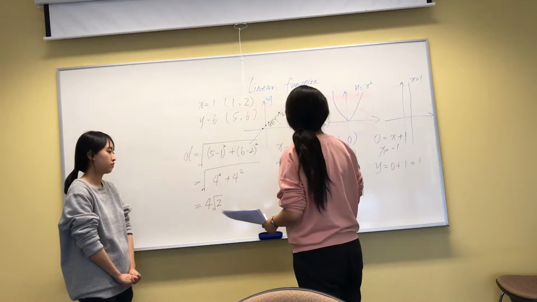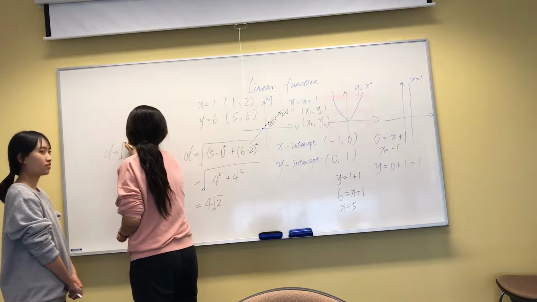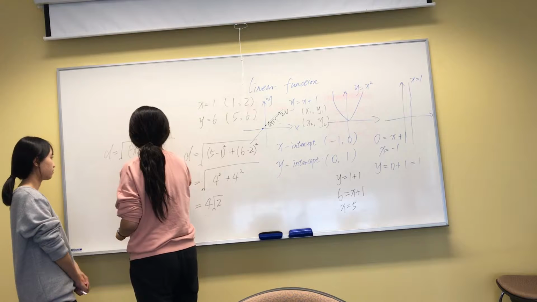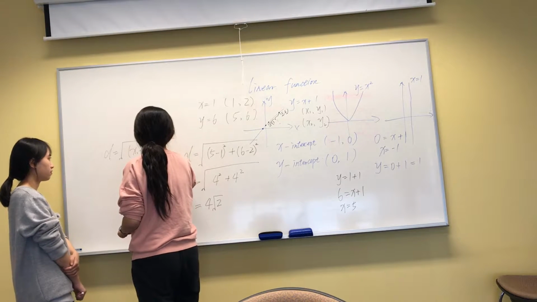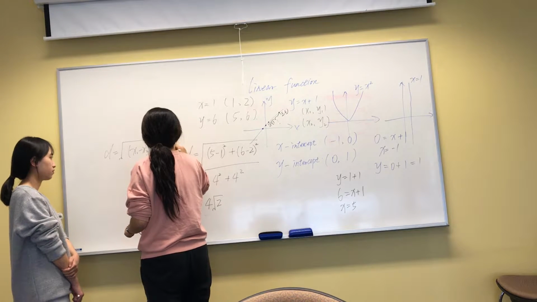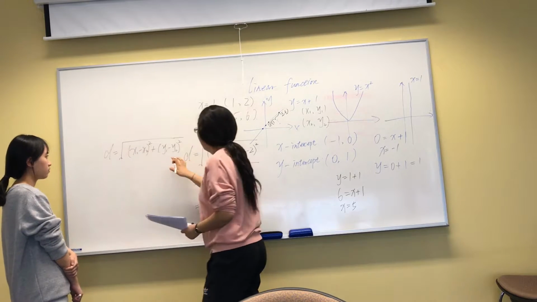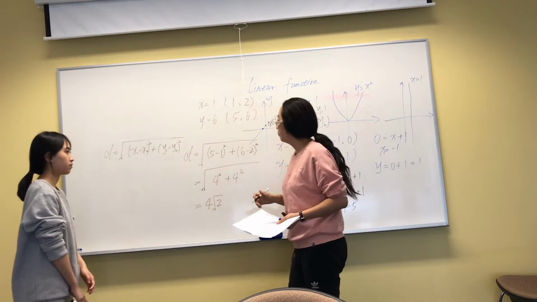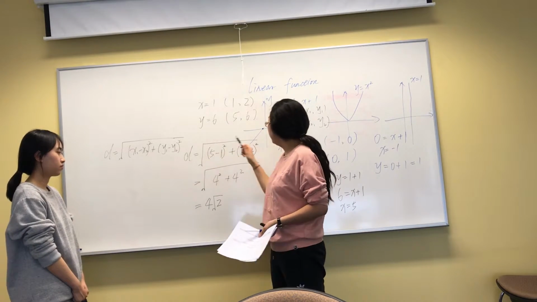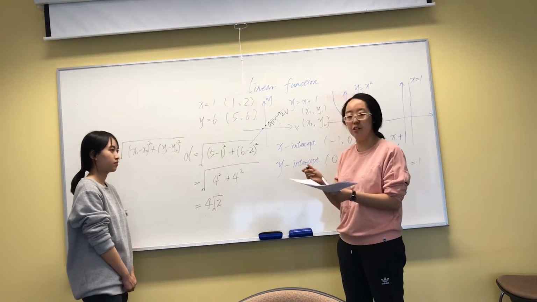So the distance would be the square root of (x1 minus x2) squared, plus (y1 minus y2) squared. So that would be the distance between two certain points on linear functions.